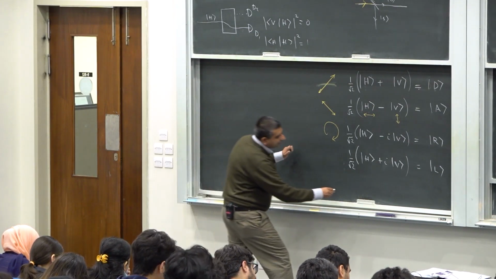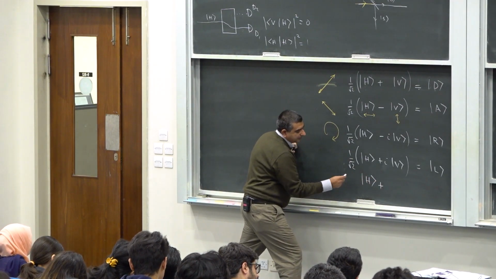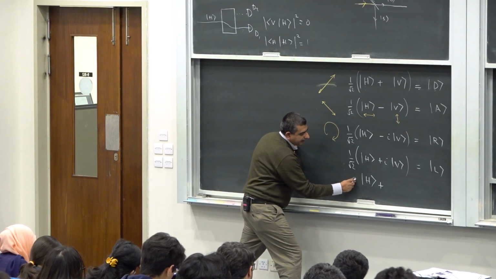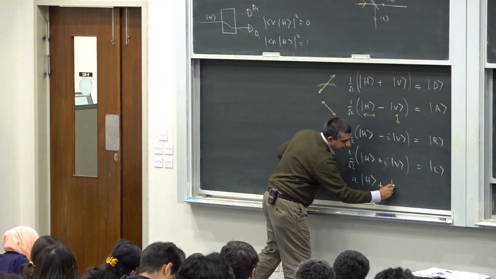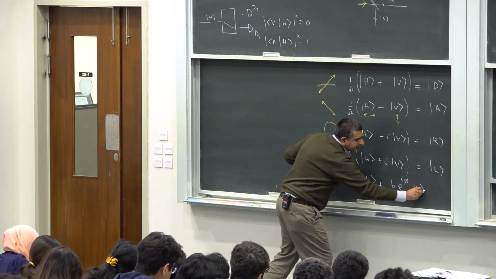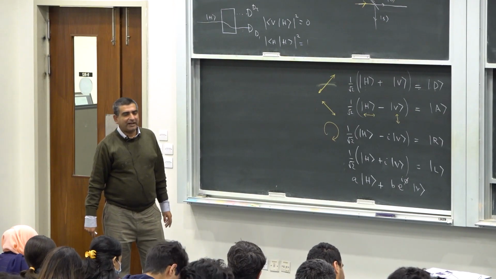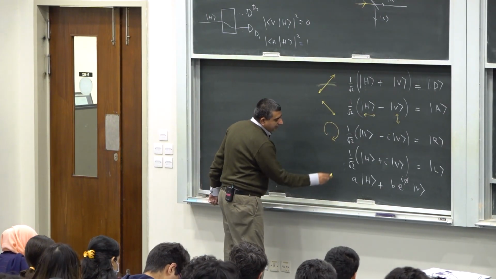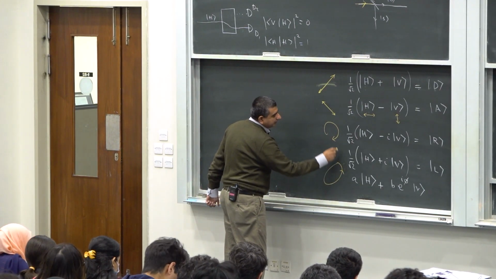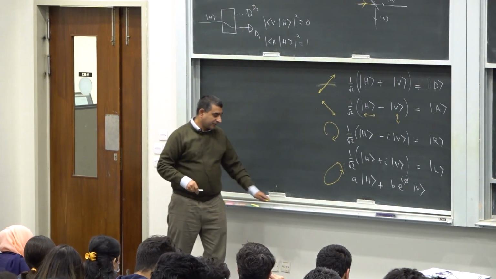In fact, I can have any quantum state that I choose, some real number A, some complex number B. I can have arbitrary states, and they would represent polarization which is kind of elliptical. Anyway, all of these are possible prescriptions of the quantum state.